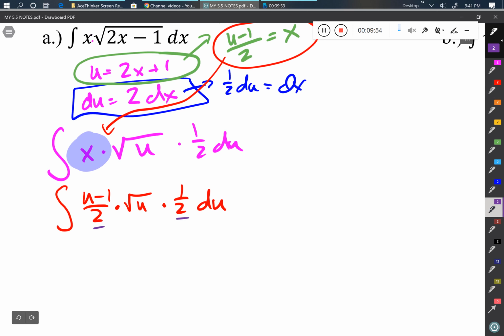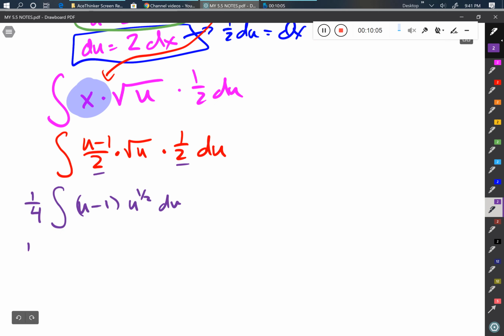This 2 and this 2 are going to turn into a 1/4 that I'm going to pull out in front. I've got u minus 1 times u to the 1/2 du. That turns into 1/4 times the integral of u to the 3/2 minus u to the 1/2 du.